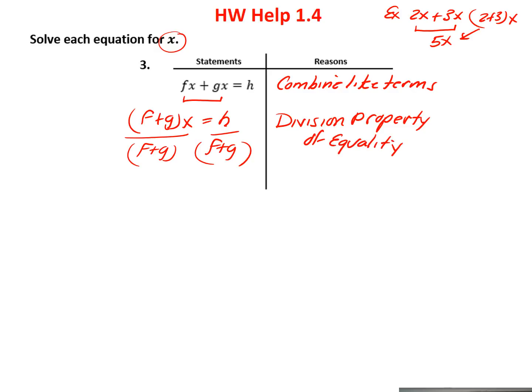Now notice f plus g divided by f plus g is 1. So my answer is that x equals h divided by f plus g. Okay? Very important to see that concept there. Notice again how the fx plus gx became quantity f plus g times x. It's kind of the distributive property in reverse. Okay?